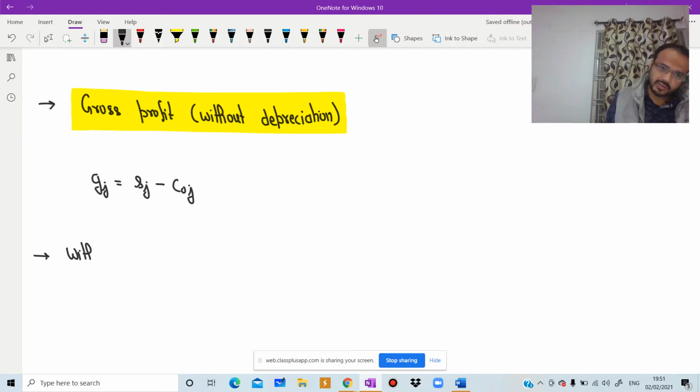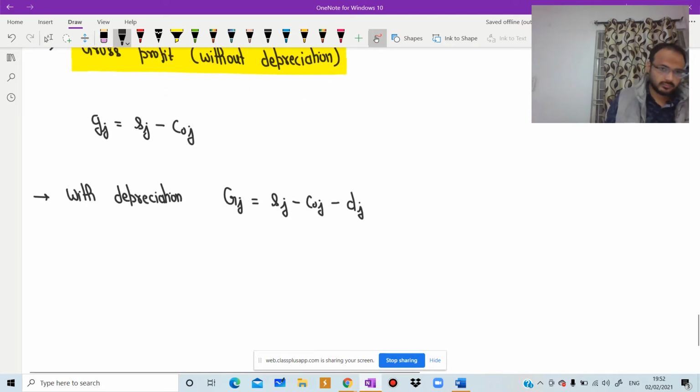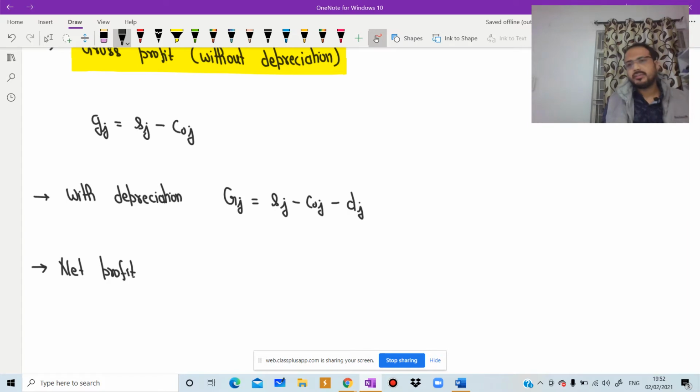With the depreciation, gross profit with the depreciation, G of J is equal to Sj minus C naught J minus dj. That is gross profit with depreciation and without depreciation. There is a term net profit. Actually, net profit is the profit after paying the taxes. So net profit is also known as net earnings.